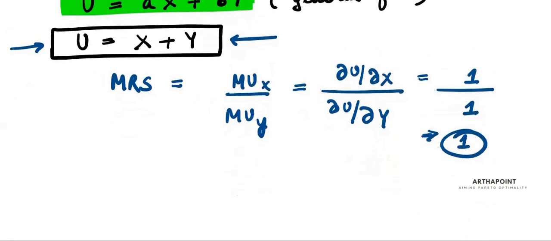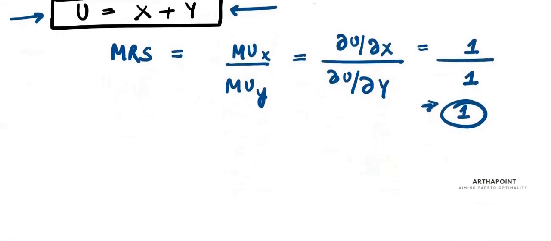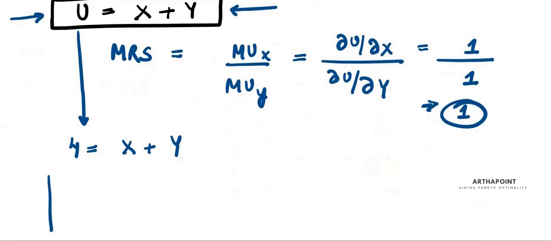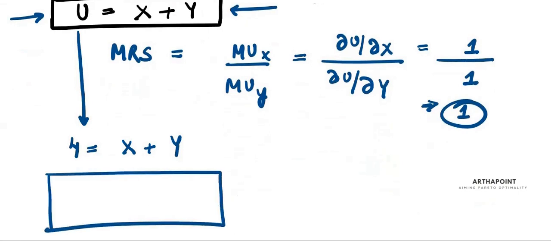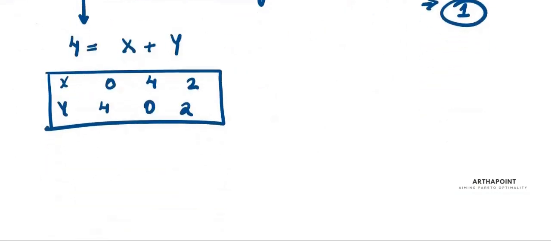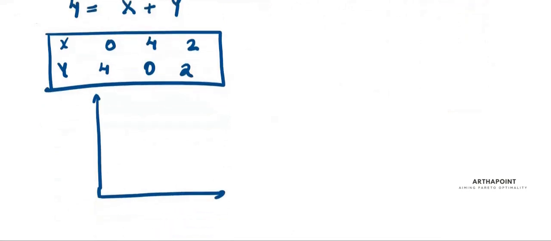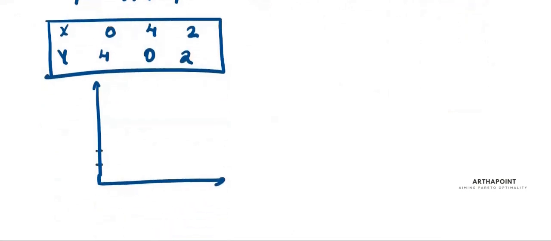Now, if I have to plot these indifference curves, I can hold utility constant at 4 and get 4 is equal to X plus Y. This is clearly a line. So when X is 0, Y is 4; when Y is 0, X is 4; when X is 2, Y is 2. So if I draw this indifference curve, I get 1, 2, 3, 4.